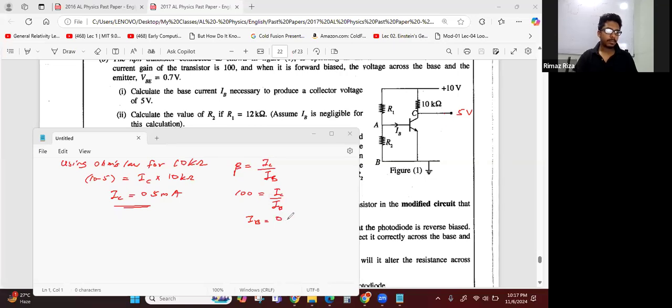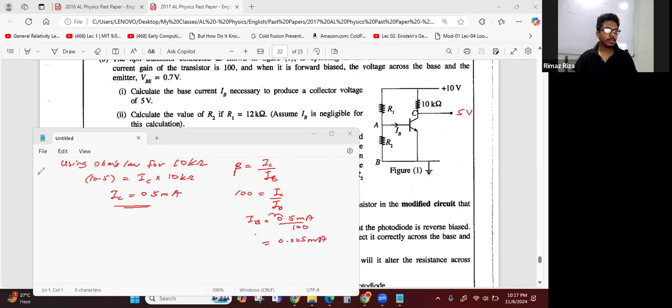So 0.5 milliampere divided by 100, we get 0.005 milliampere.